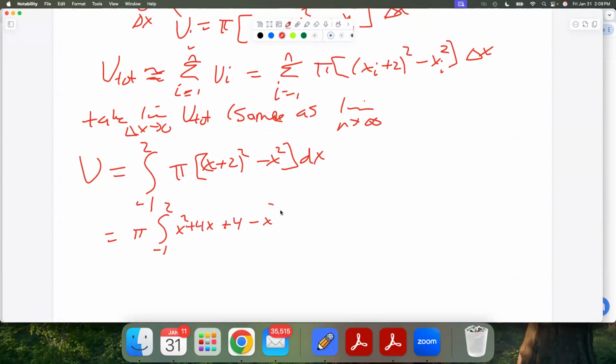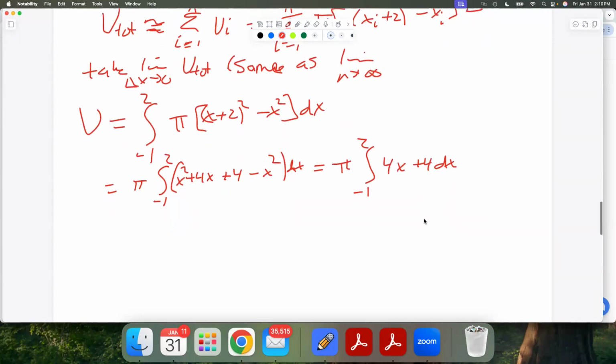And then bring down that minus x squared. Don't forget that pi. The x squareds are going to cancel out. That's pure coincidence. That's not always going to happen. You are often going to get a bunch of cancellation, but not every time.